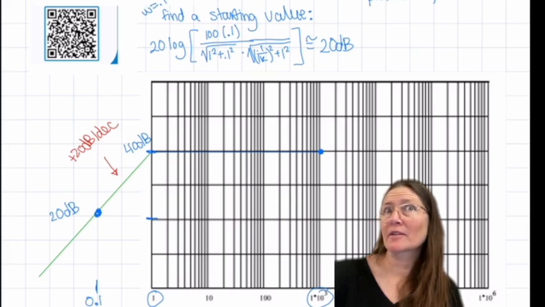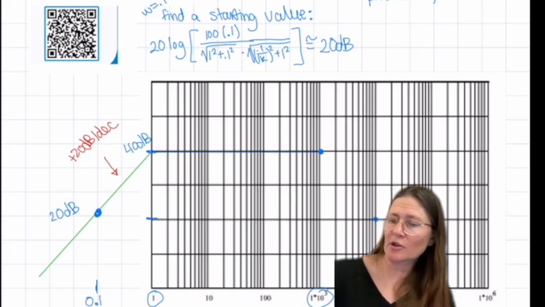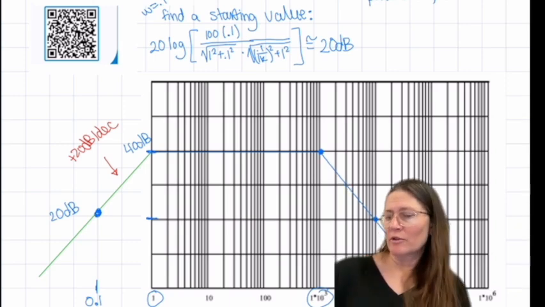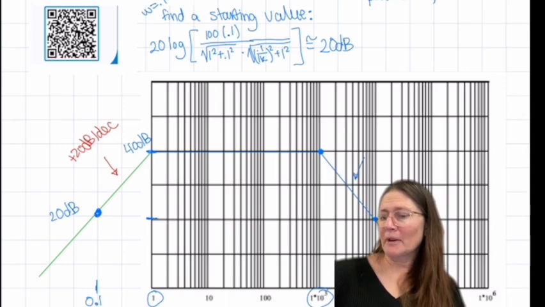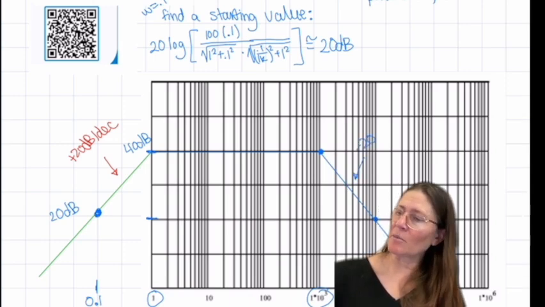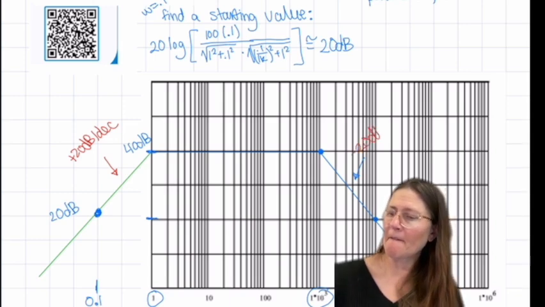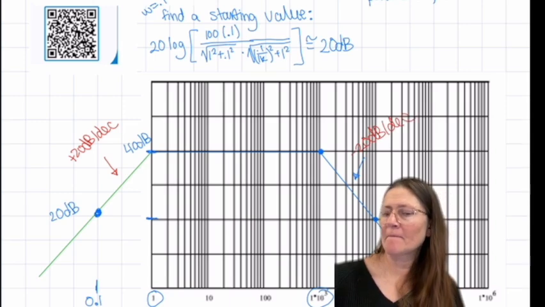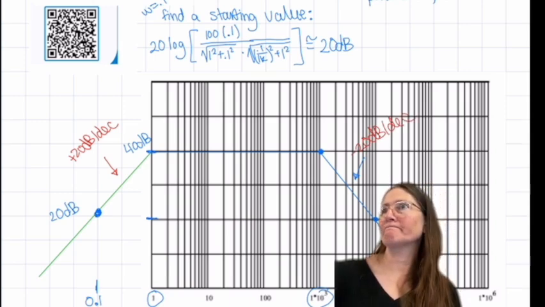At what slope? Correct. So negative 20 dB down. So my slopes aren't even, but this goes down by negative 20 dB per decade. And there's my Bode plot.